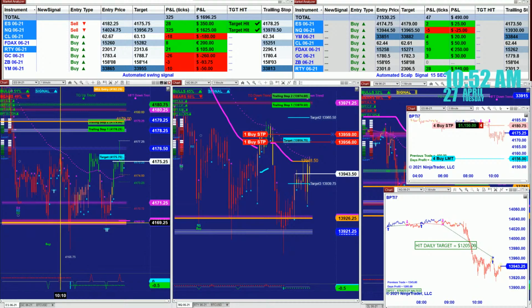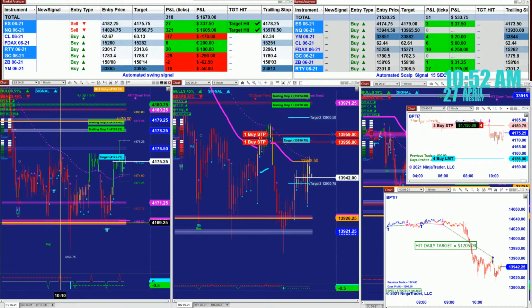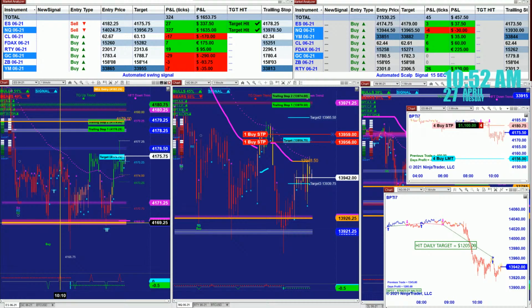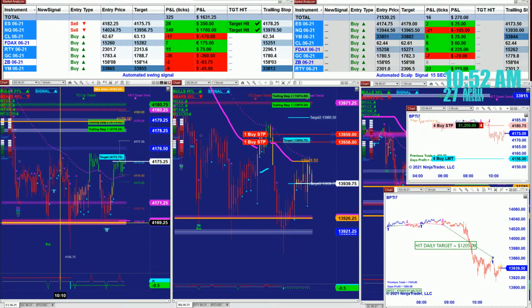This is the story on the ES, whether we like it or we don't like it. The market doesn't give a damn about our rules, your rules, or anybody who made a CD on how to trade and tells you to go by the rules. The market is going to do what the market is going to do.